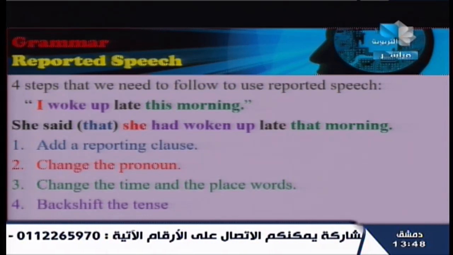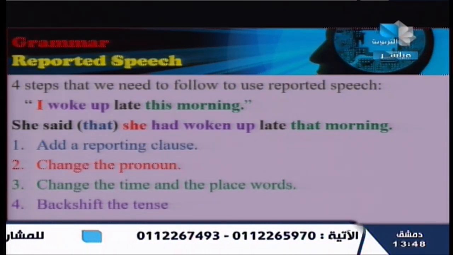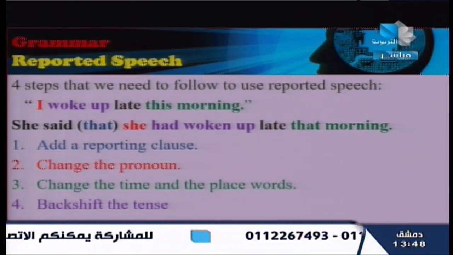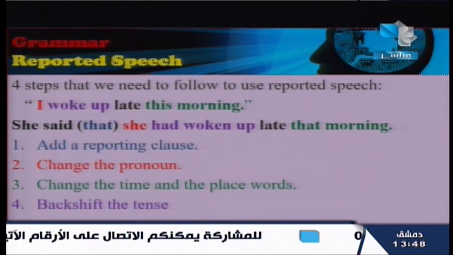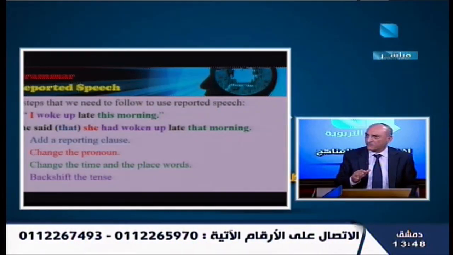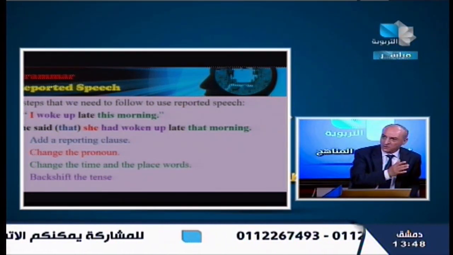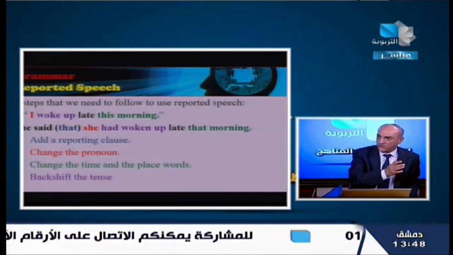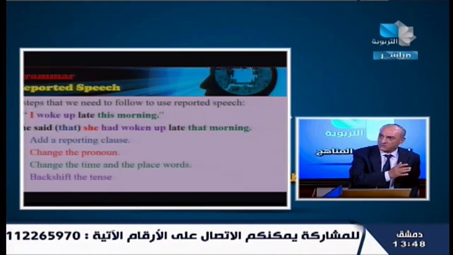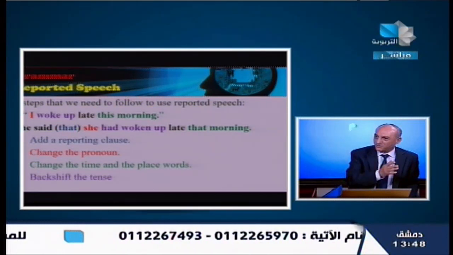So when we want to report any sentence, we must go a step backward in the tense, whether it is simple present, present continuous, present perfect, or even simple past. We need to go a step backward. And the future also, of course, should be future conditional. Will becomes would, for example. Is going to becomes was going to, etc.